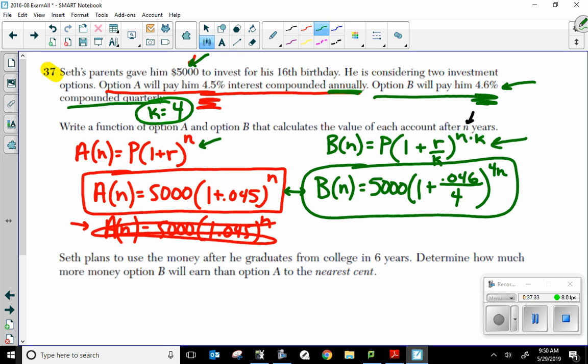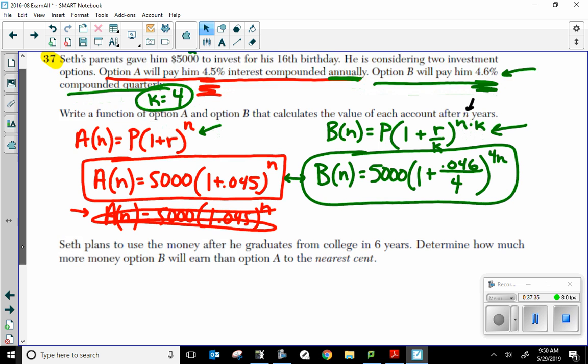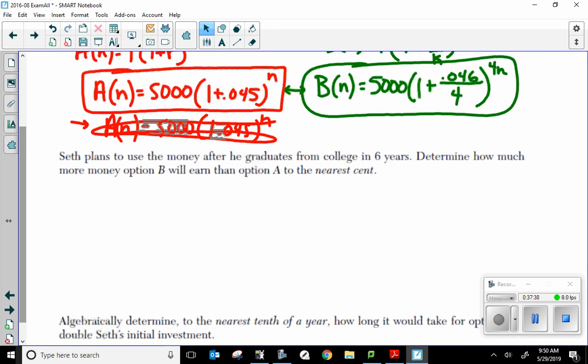All right? So let's take a look at the second part. They're asking us, Seth plans to use the money after he graduates from college in 6 years. Determine how much more money option B will earn than option A. So I need to find out, 6 years, this is my n value.